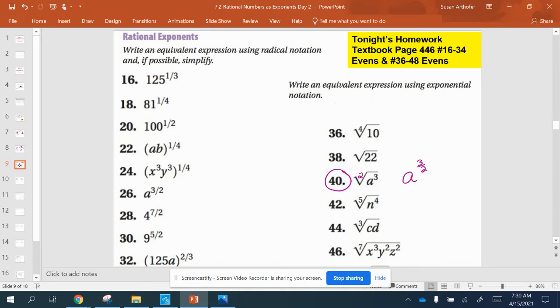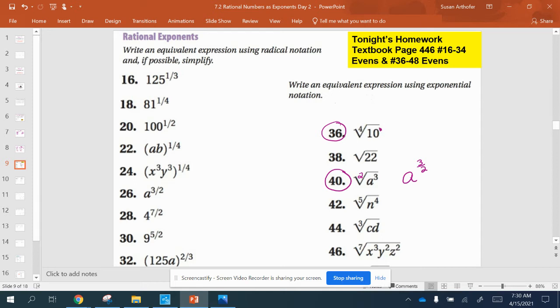For this one, I hope you know where to fill in the hidden 1 and the hidden 2. On number 36, 10 to the what power? What's the power there? It's a hidden 1. So I'll help you out with that one. We'll see what you can do with that one.